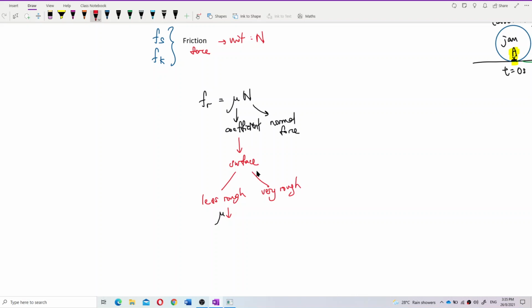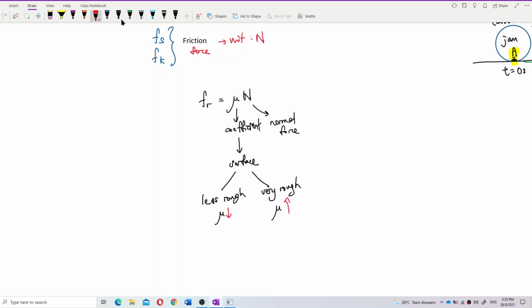So if it is a less rough surface, you have a very small mu. But if it is a very rough surface, then you can have a very high mu.